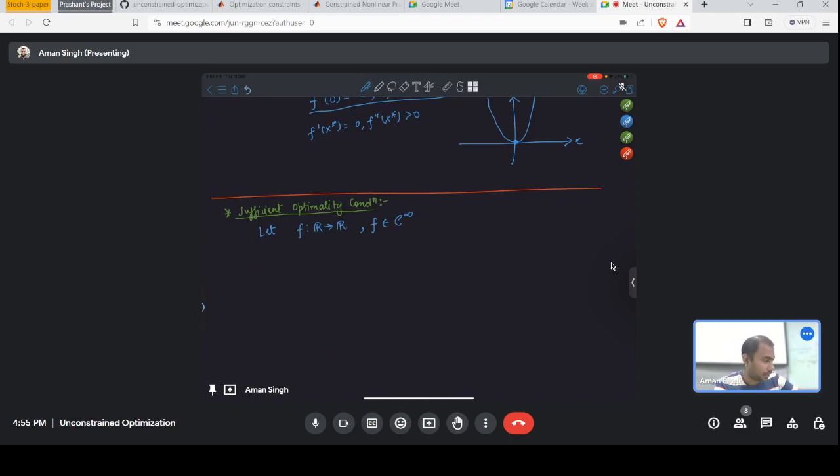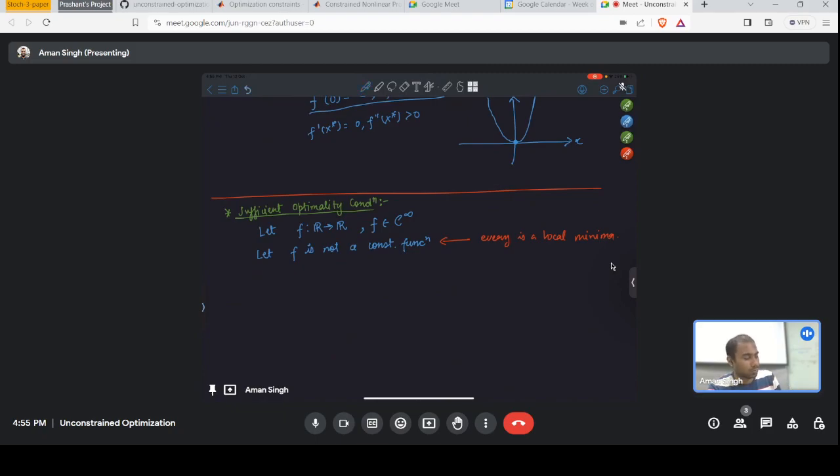Let's say f is like that. We'll also assume f is not a constant function. We are ignoring this because for a constant function, every point is a local minima. So we actually don't need to analyze this. So we can ignore this case.